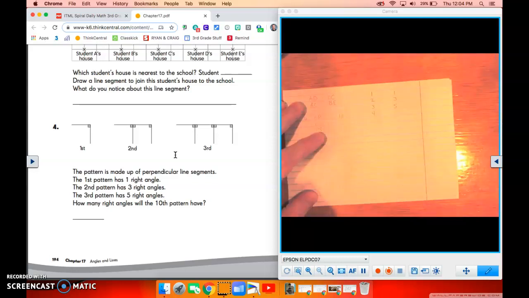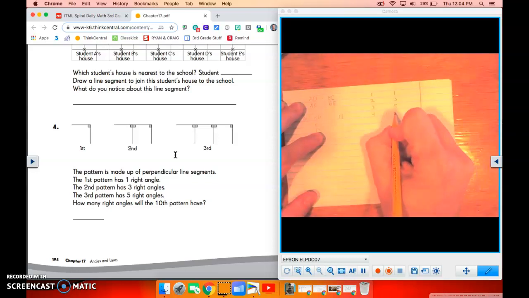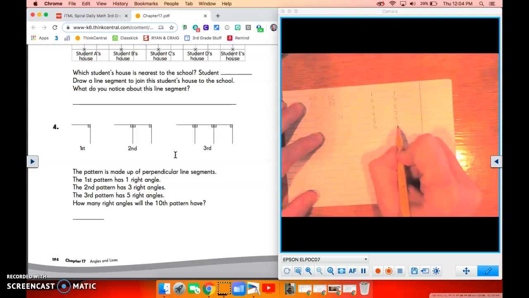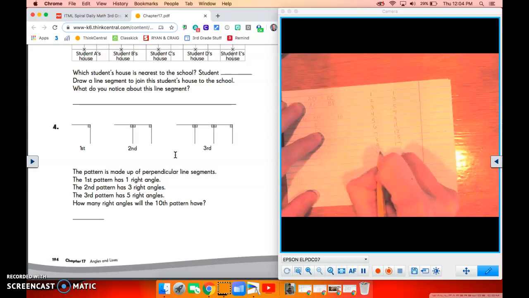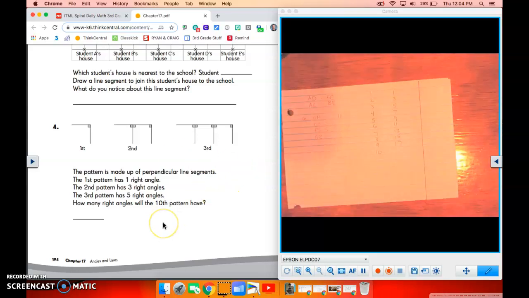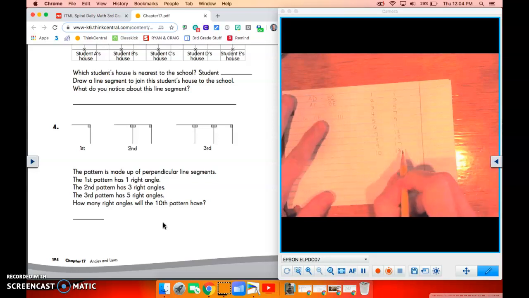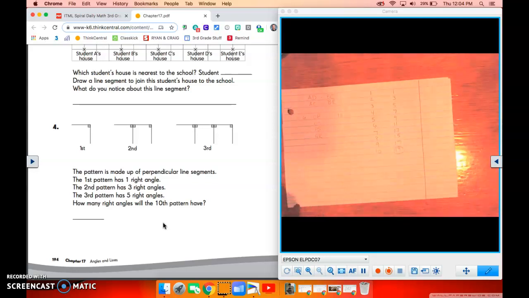The fourth pattern, if we kept this going, would have 7. Pattern 5 would have 9, 6 would have 11, 7 would have 13, 8 would have 15, 9 would have 17, and all the way down to 10. How many right angles will the 10th pattern have? 10 would have 19 right angles.